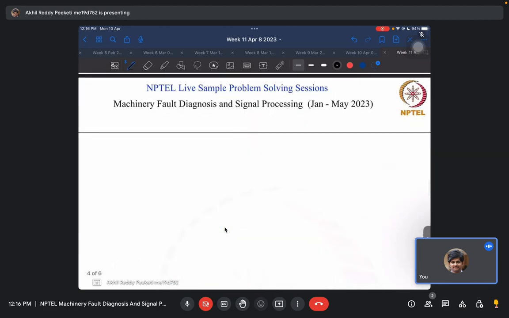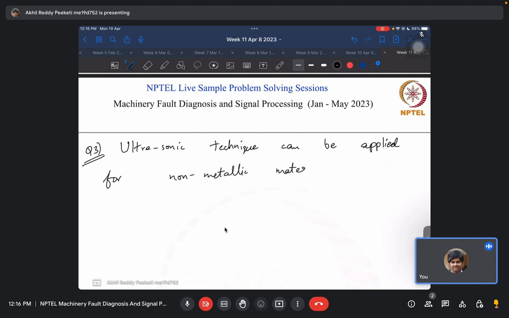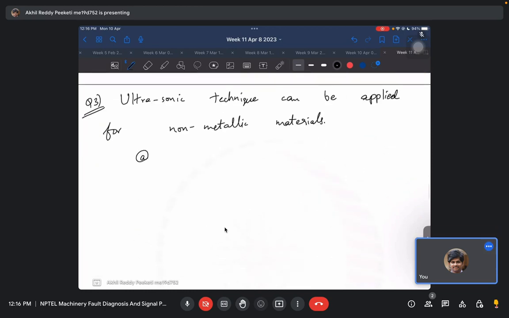Let's move to the next question. Can ultrasonic technique be used for non-metallic materials? True or false?